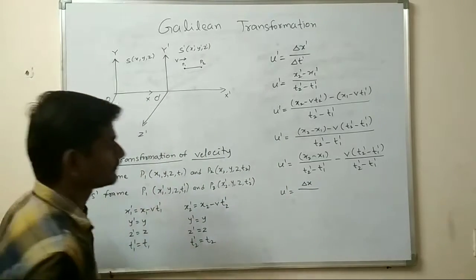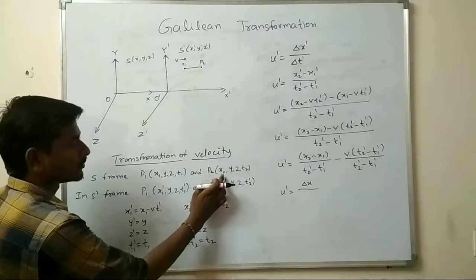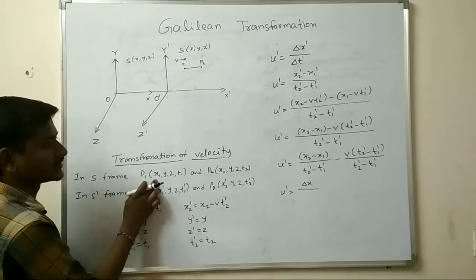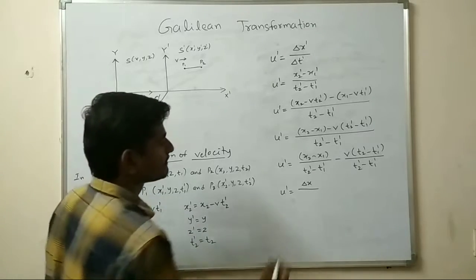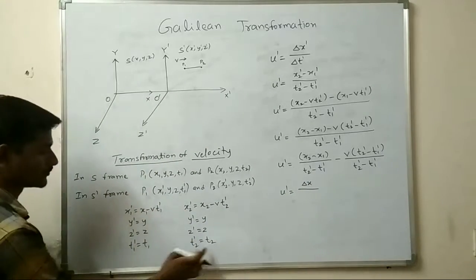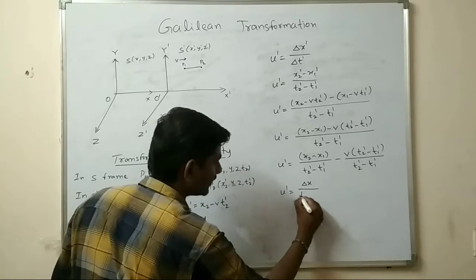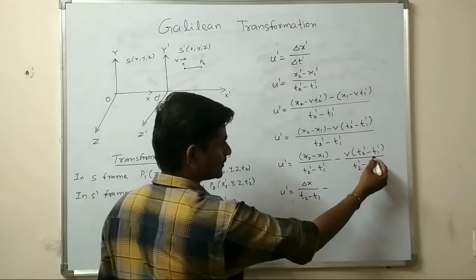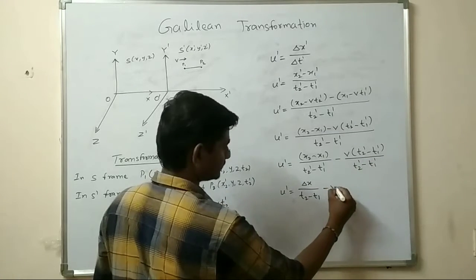u dash is equal to x2 minus x1, which is nothing but the displacement of the particle as measured from the s frame, because x2 is the coordinate of x and x1 is the coordinate of x for the position p1. t2 dash is equal to t2, and t1 dash is equal to t1. Therefore, we can write t2 minus t1 in the denominator, and t2 dash minus t1 dash divided by t2 dash minus t1 dash cancels.